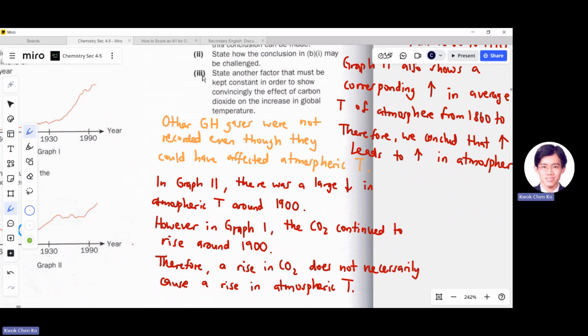Okay, that would be the obvious one. Guys, again, do remember CO2 is not the only greenhouse gas. Make sure you know there are others.